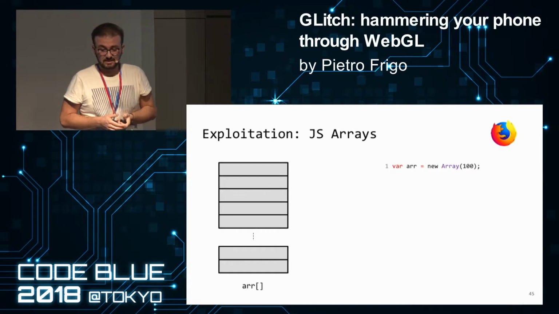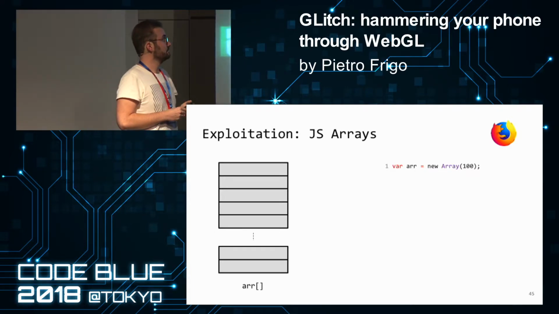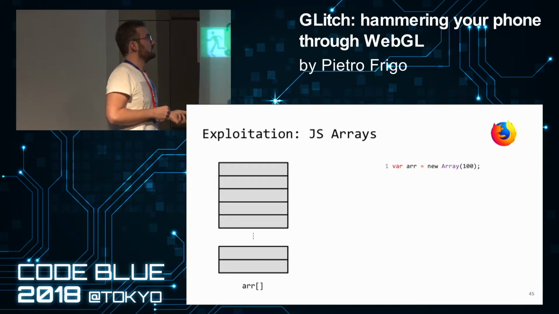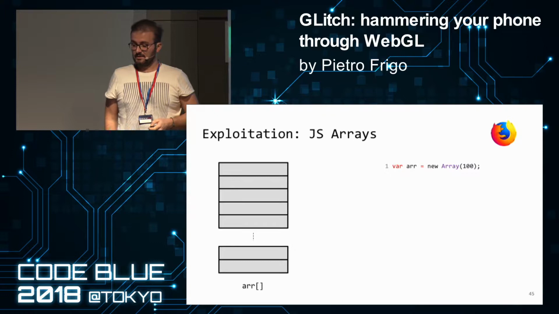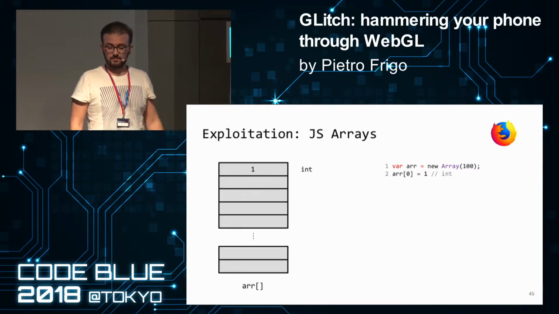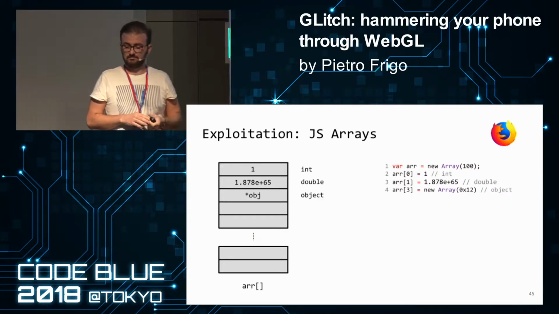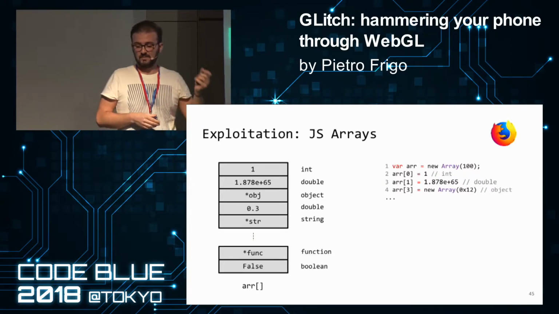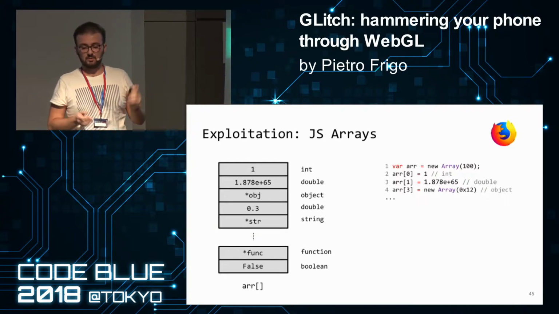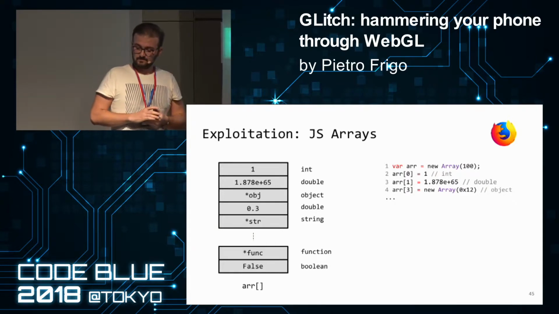And the question is, what's the target of our exploitation? And the target are JavaScript arrays. So let's say you want to allocate an array of 100 elements, and then you can, for instance, put an integer in there, and then a double in there, an object, so you can just create another array and place it in the same array, and a lot of other things, so other doubles, strings, functions, Booleans, whatever you want.